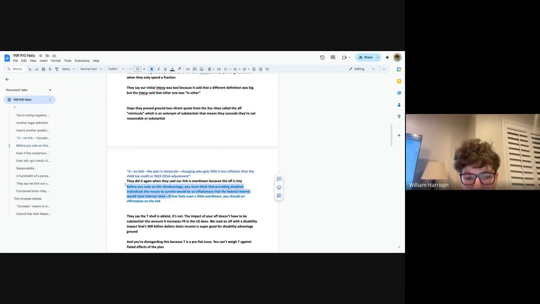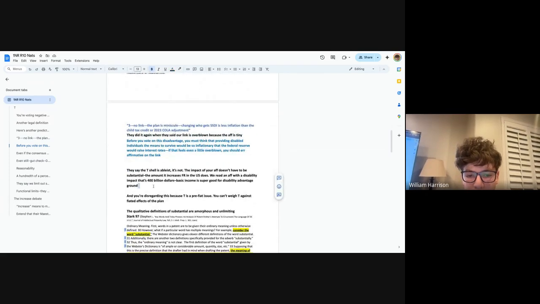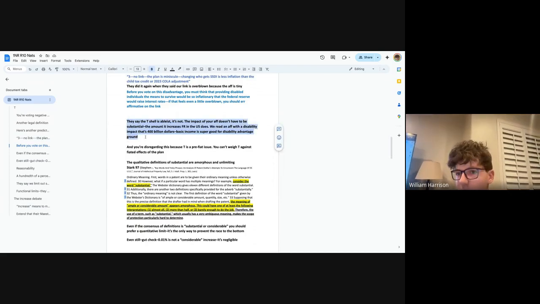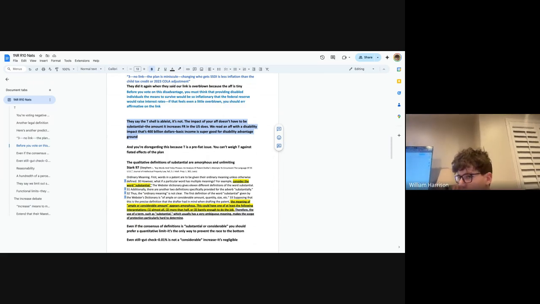Then they said that the link is overblown because their AF is small. Then they said that because the AF's effect is substantial, then it's substantial. What's that called? I said a key word in there.